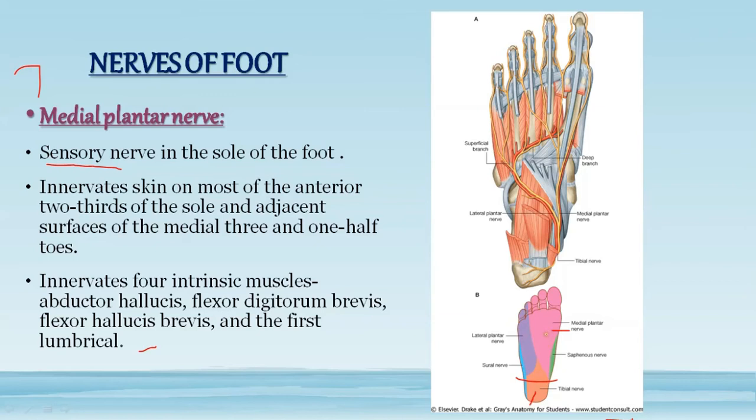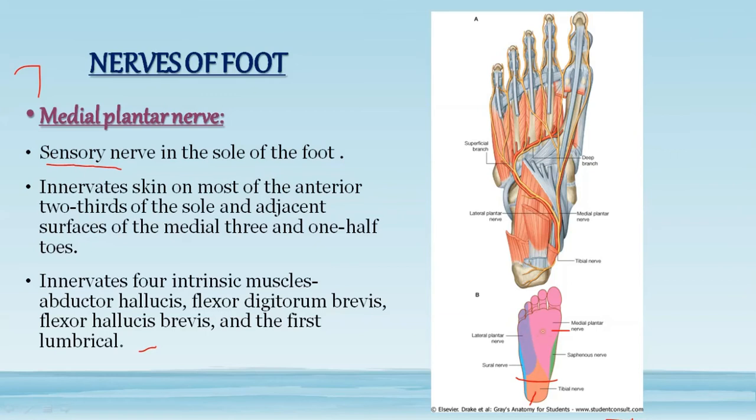So this medial plantar nerve supplies most of the anterior two-third of the sole of the foot as well as the adjacent surfaces of the plantar aspect of 3.5 digits, because the dorsal aspect of the foot as well as the dorsal aspect of digits are supplied by different nerves.